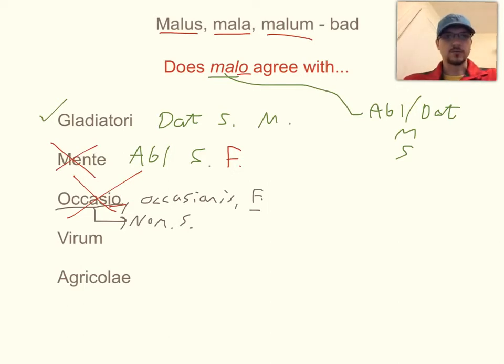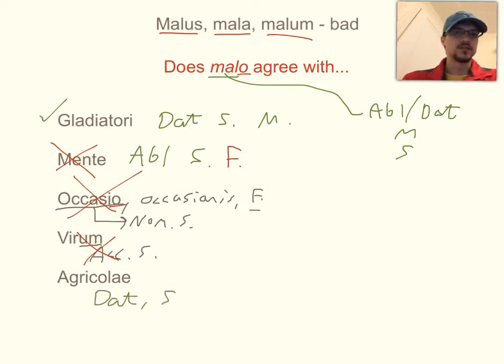We're going forward with virum here. We have our um ending on virum. We know that that's an accusative singular ending. In this case, we say, well, we need an ablative or dative ending to agree, so accusative's out of luck. Now we have agricoli. In the first declension, it could be dative, so we're happy there a little bit, right?